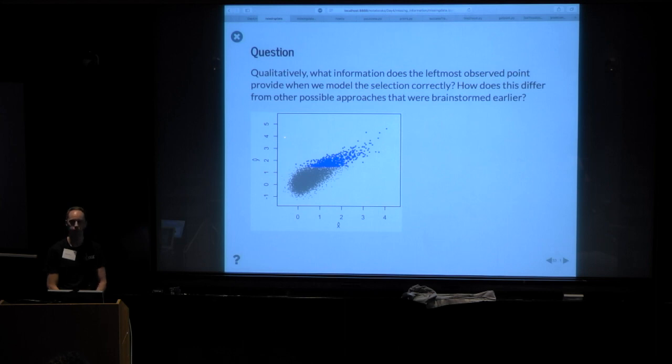But if we understand something about the underlying distribution in X, we have an understanding that that data point itself is actually a pretty large outlier from the relation. So that's maybe telling you something about the maximum uncertainty on given data points or the average uncertainty. But we can actually probably account for that by the fact that we know how far away it is from the center of the distribution.